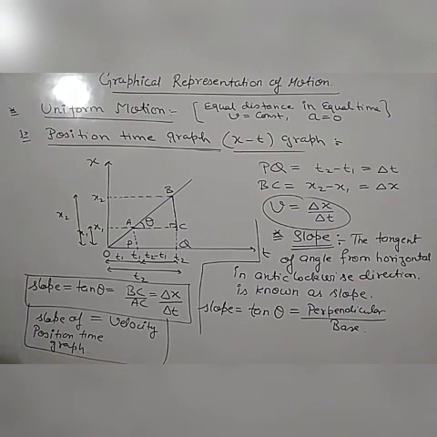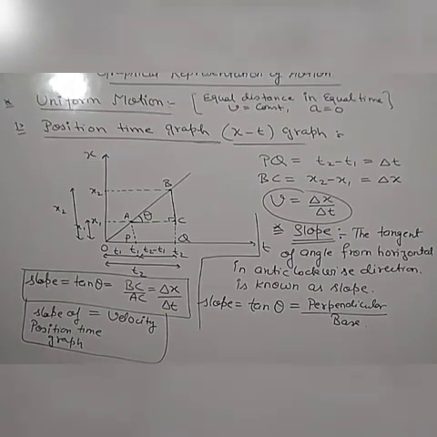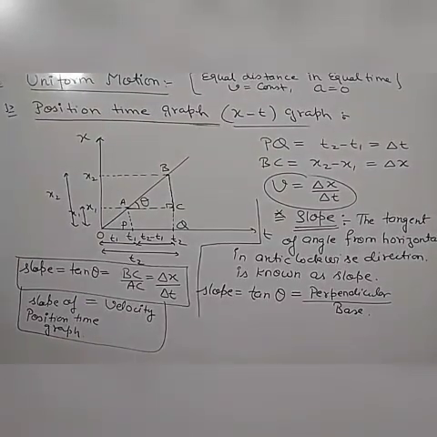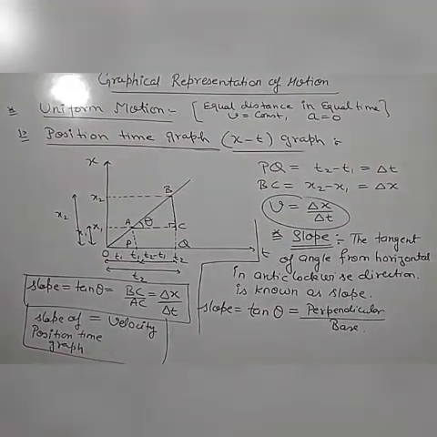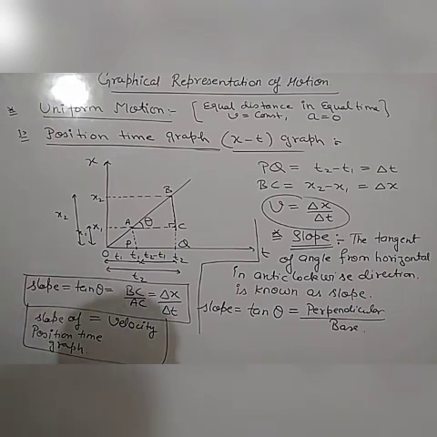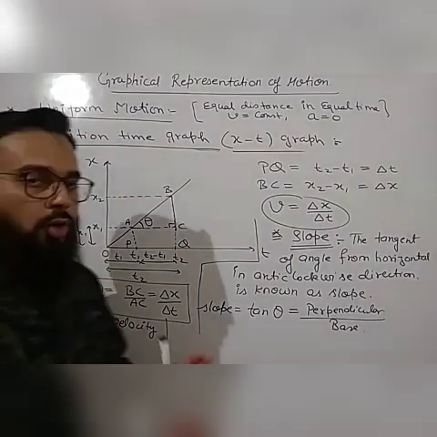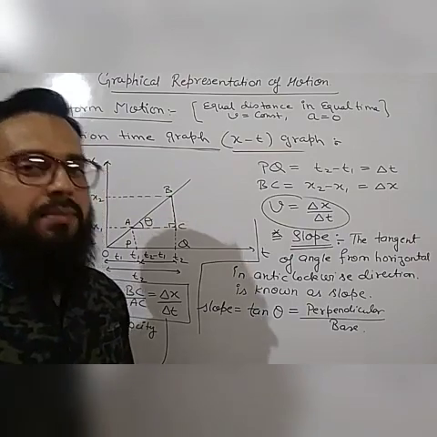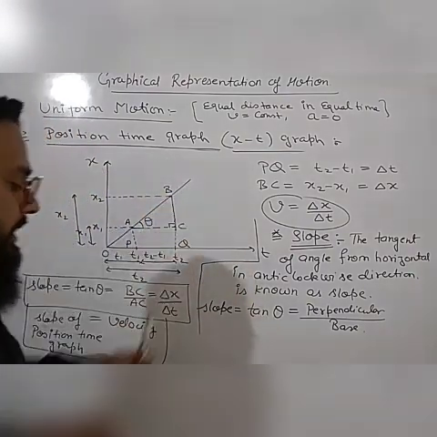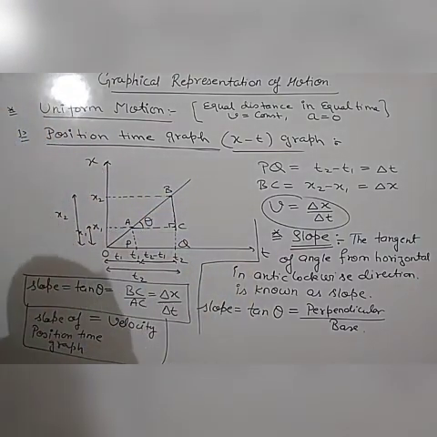Or we can say the slope of position time graph of a uniform motion gives us velocity. Note down this particular statement. The statement is: slope of position time graph of a uniform motion gives us velocity.